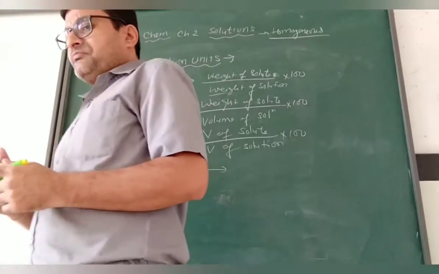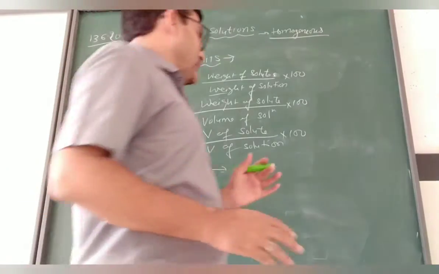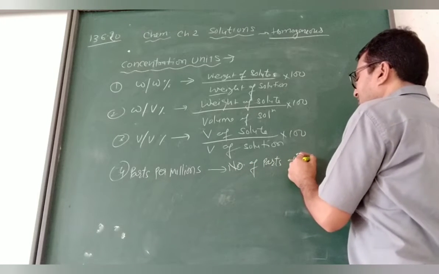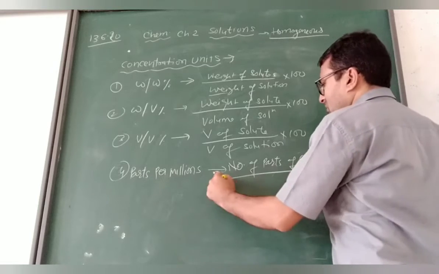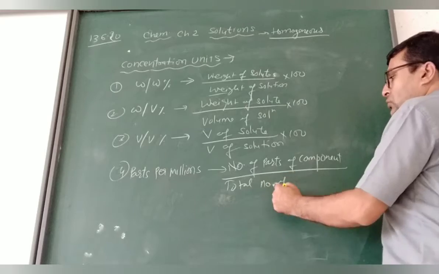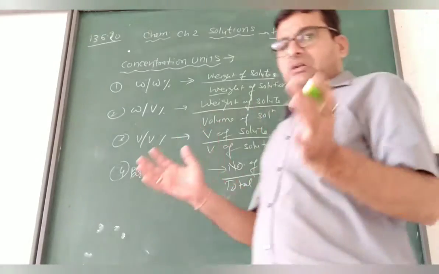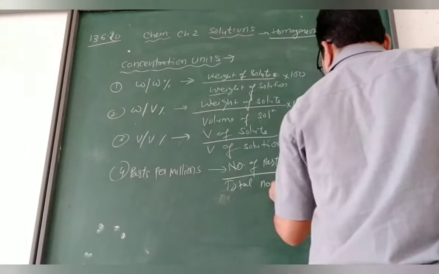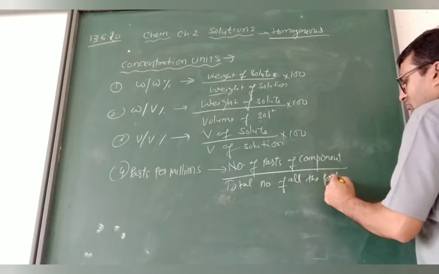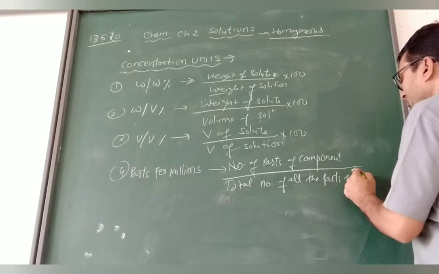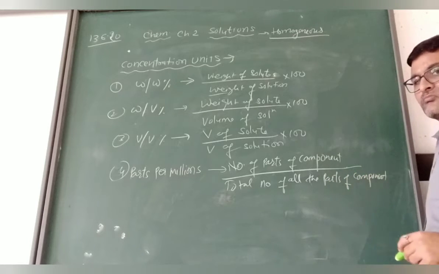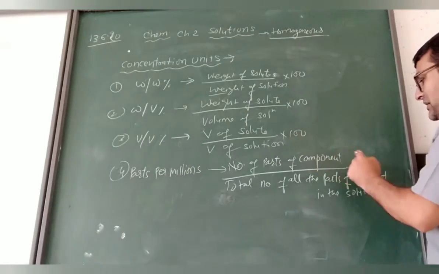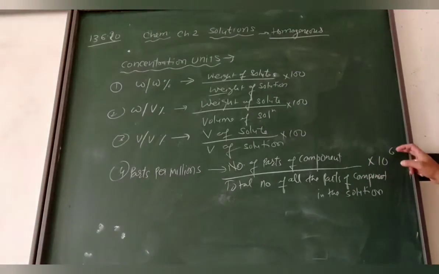So in parts per million we take the number of parts of the component upon total number of parts of all the components in the solution, and as it is in the million, so it is 10 raised to the power 6.